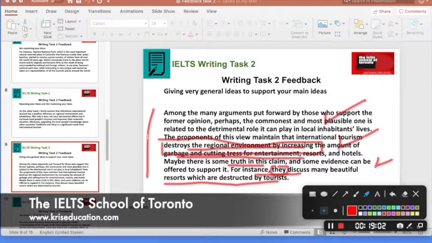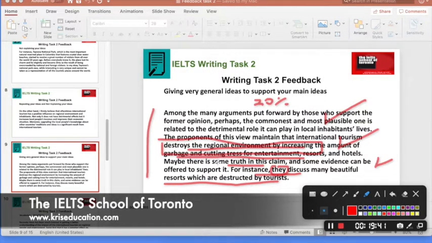Found that touristic places, famous touristic places such as Ibiza and Corfu are currently suffering from severe environment issues, as they have 20% less trees nowadays compared to 60 years ago.